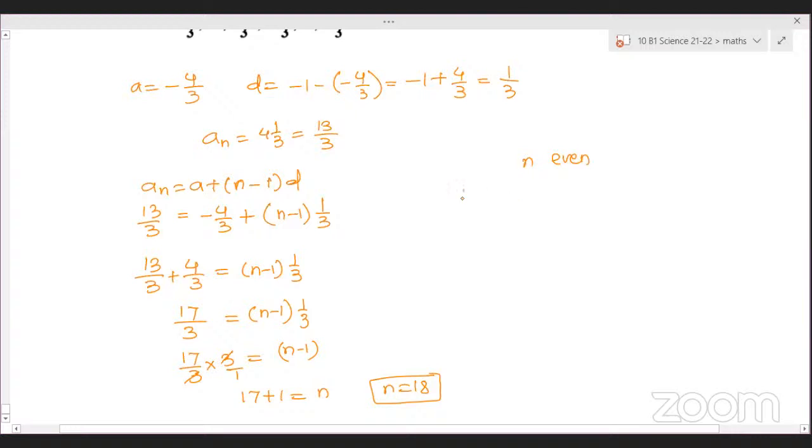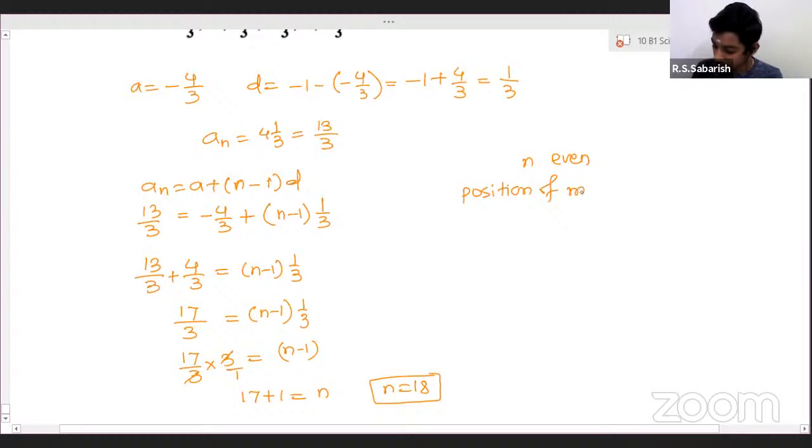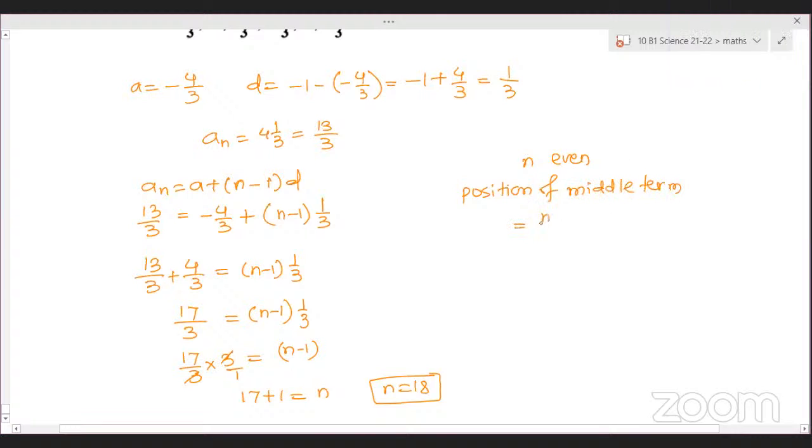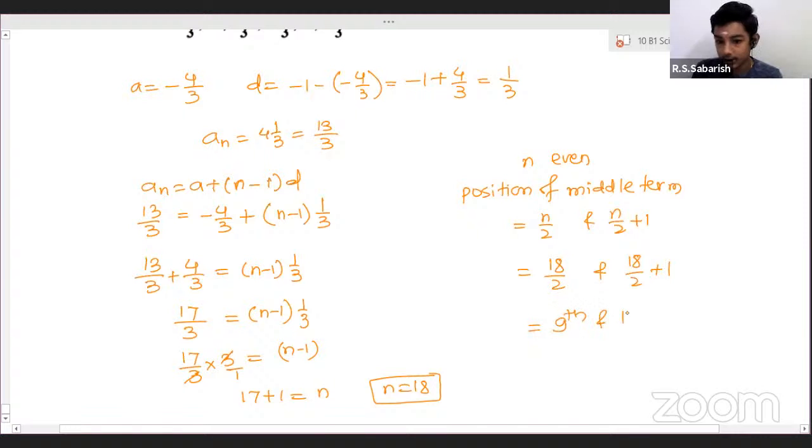N is even. So the positions of the middle terms are n by 2 and n by 2 plus 1. So what are the positions? 18 by 2 and 18 by 2 plus 1. That is the 9th and 10th terms.